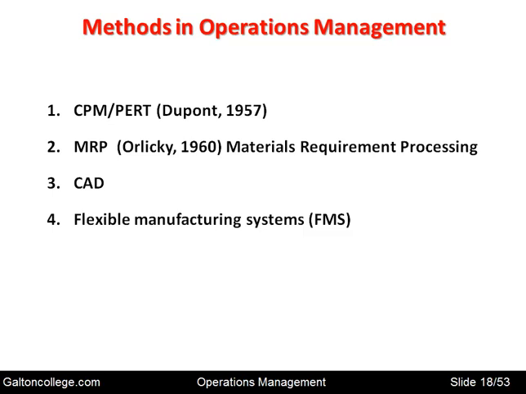We have computer-aided design, flexible manufacturing systems, and computer-aided manufacturing, or computer-integrated manufacturing, I should say. So we have different approaches and different methods that can be employed throughout the operations management approach.